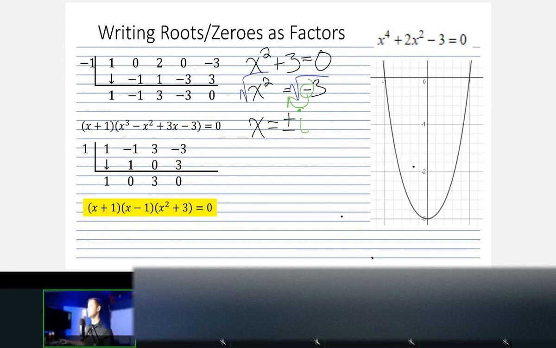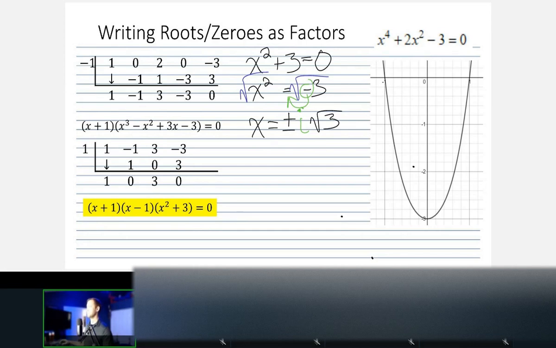So it's just going to stay in the radical 3 form, right? Square root of 3. All right, so we now know the other two roots.